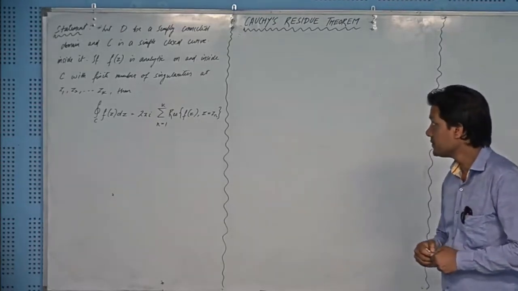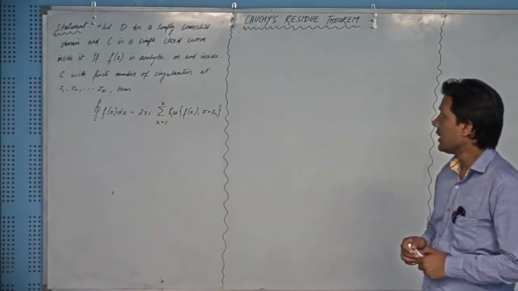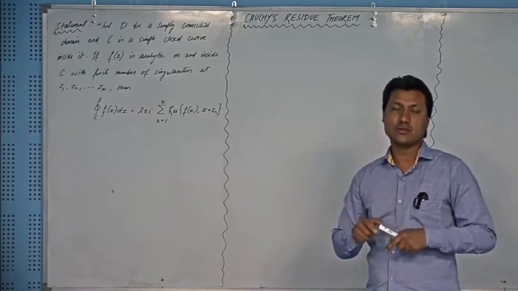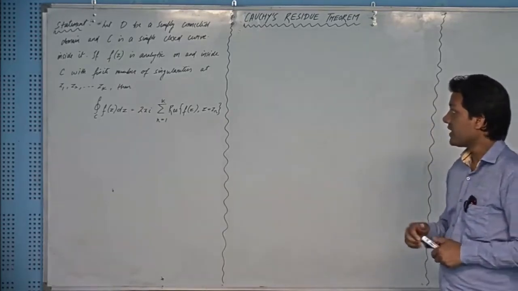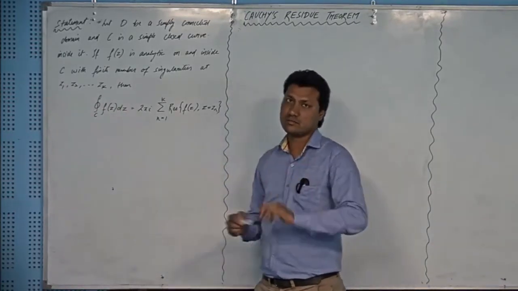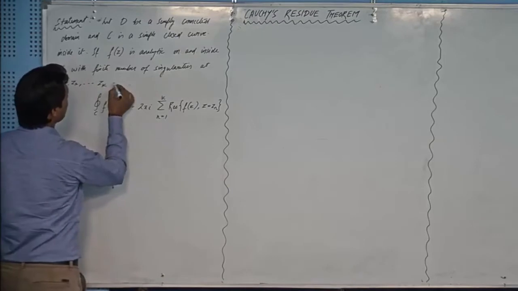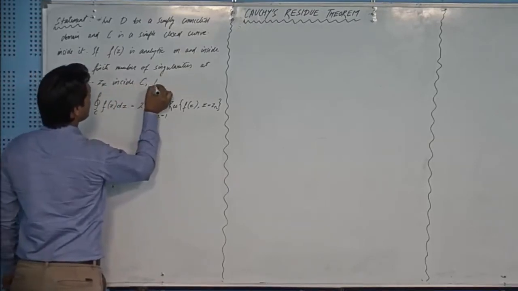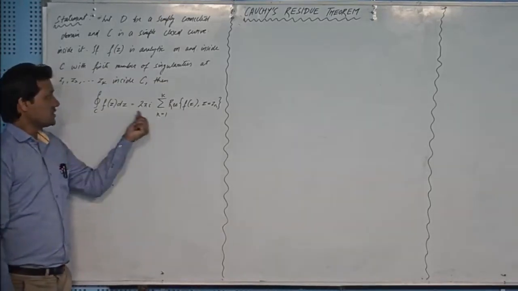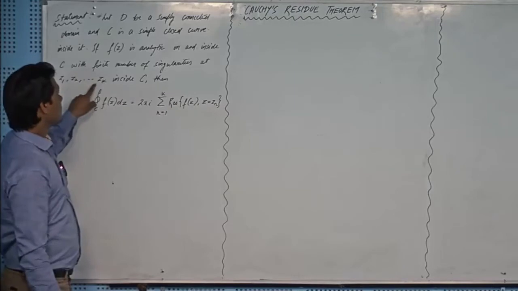You need a simply connected domain D and a simple closed curve lying inside that domain D. And you assume that your function f(z) is analytic inside C as well as on its boundary, and it has finite number of singularities at these points z1, z2, zk, all lying within C. Then by Cauchy's residue theorem, the line integral of f(z) along that closed curve C is equal to 2 pi i times the summation of residues, and all of those residues are evaluated at these singularities.